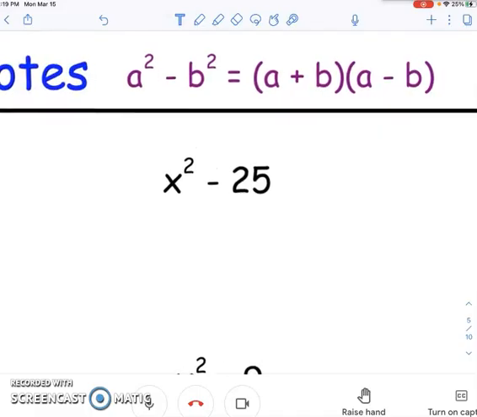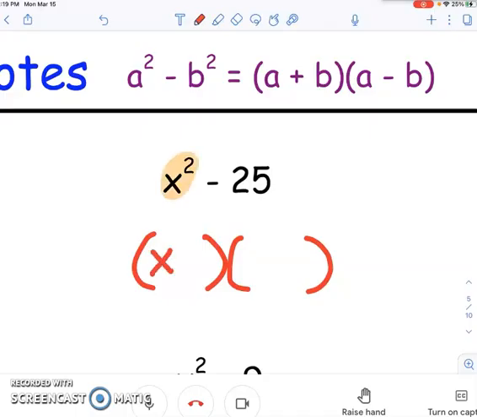All right, so let's see what you think about these examples. So, first one, x squared minus 25. So the first perfect square is x squared. That's x times x. The second perfect square is 25, which is 5 times 5. And then remember, we need one to have a plus and the other one to have a minus. That's our answer. x plus 5 times x minus 5.